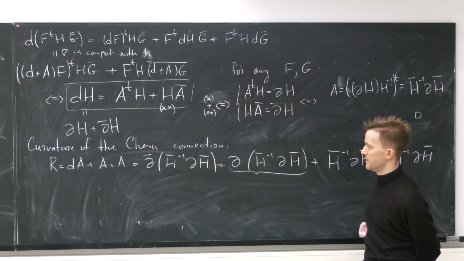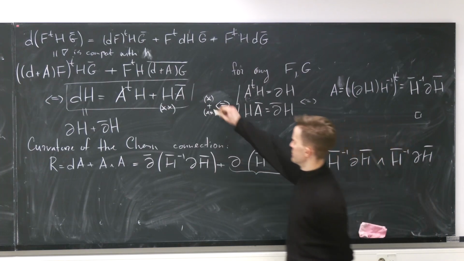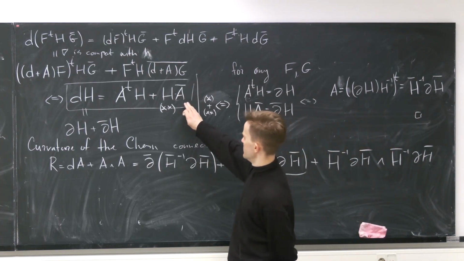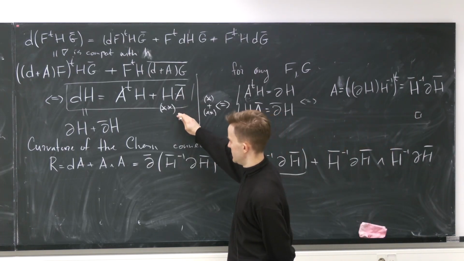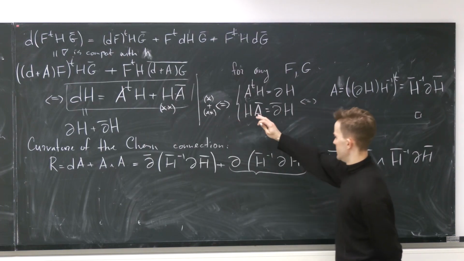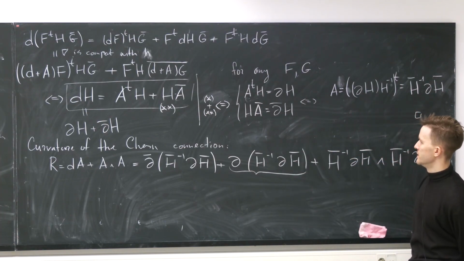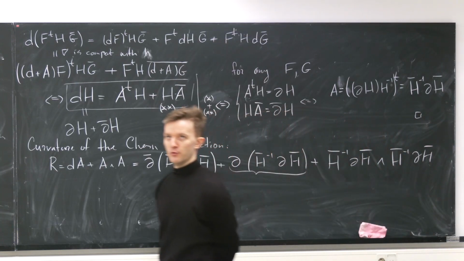Okay, I see. Yeah, so same thing. It was not well written. So that's a condition of compatibility with H, and then when we combine these two conditions, we get this equivalence. Okay. Yeah. So more questions.